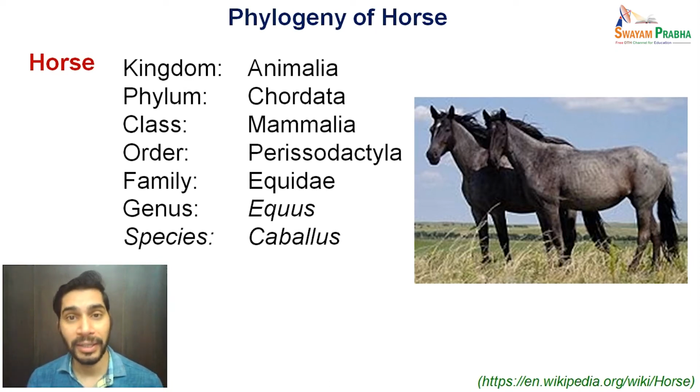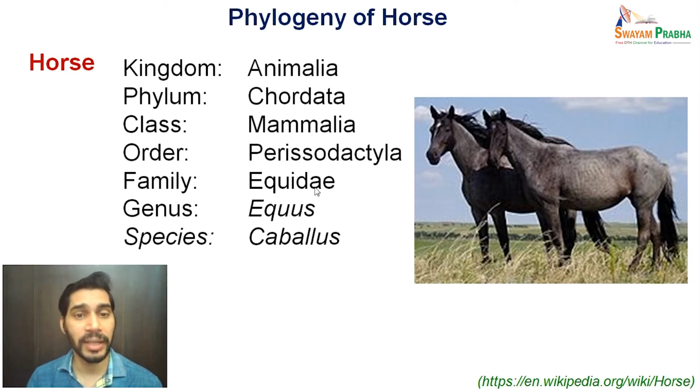So ungulates which have odd number of toes, that means 1, 3, 5 and so on. And within the order Perissodactyla, the organisms do possess the hoofed animals. You might have seen the hooves on the horses. On the toes, they have a horny structure which is called as hoof. So that is also a characteristic of Perissodactyla order.